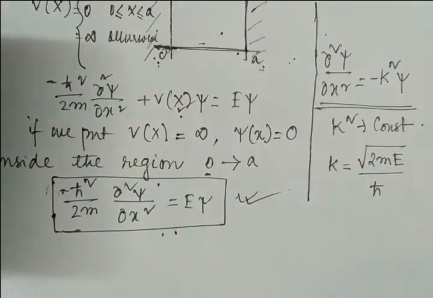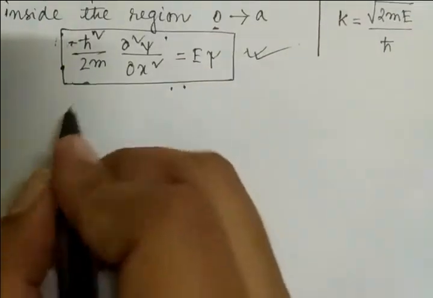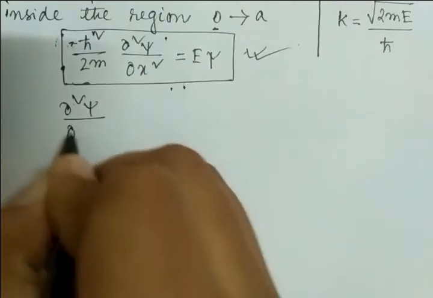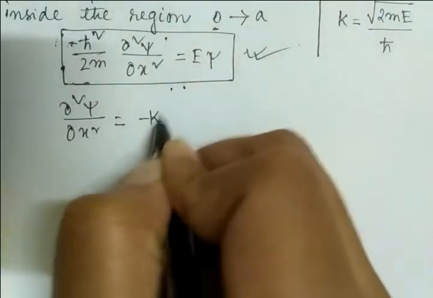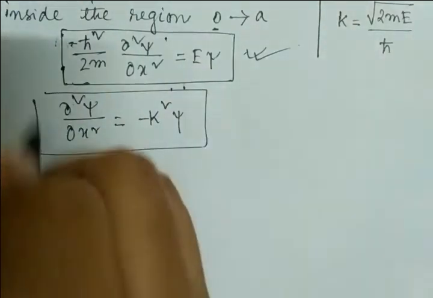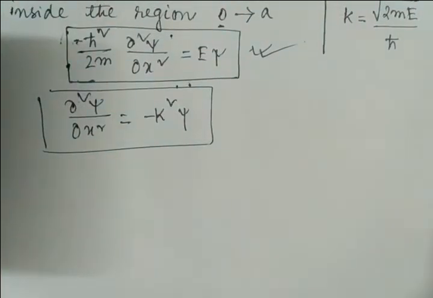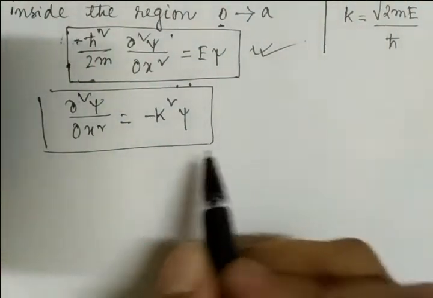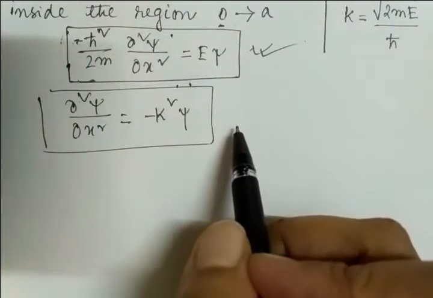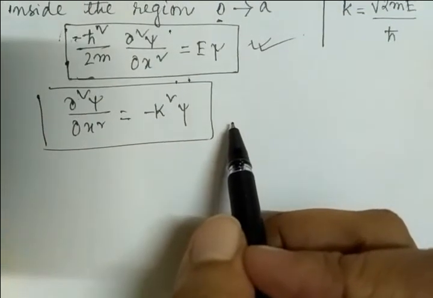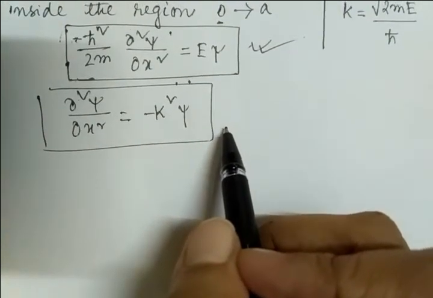Now this equation we should recognize. What is the equation? That is del 2 psi by del x2 equal to minus k square psi. This is nothing but the equation of simple harmonic oscillation. You all know this from your mathematics, second order differential equation part.